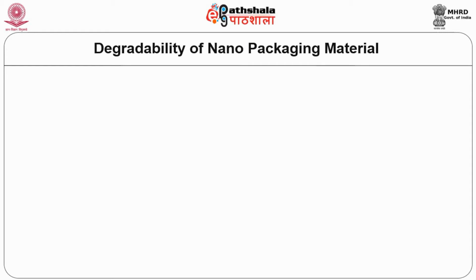The important criterion in the selection of packaging material is its degradability. To maintain a healthy environment, we need to go for degradable packaging materials. This will protect our environment. Now, we will look at the degradability of nano packaging material.